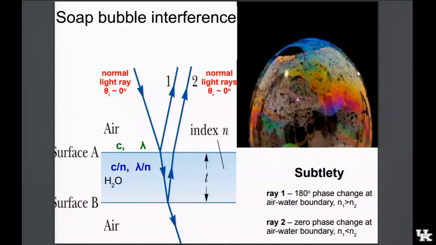So everything is kind of like the two-slit experiment with two sources of coherent waves interfering with one another and getting constructive, destructive interference, and that is determined by the extra path, except there's this one subtlety that off the top surface you get an extra flip of the phase from crest to trough or trough to crest. You don't get that on the bottom surface, and so that has to be accounted for in the equations.